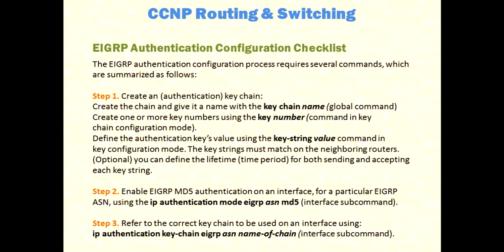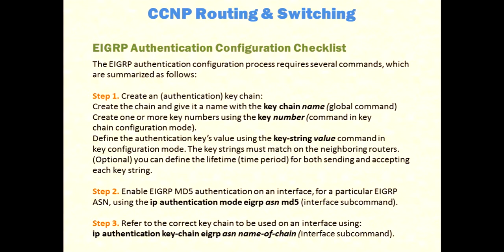Create one or more key numbers using the key number command in keychain configuration mode. Define the authentication key's value using the key-string value command in key configuration mode. The key strings must match on the neighboring routers. Optionally, you can define the lifetime period for both sending and accepting each key string.